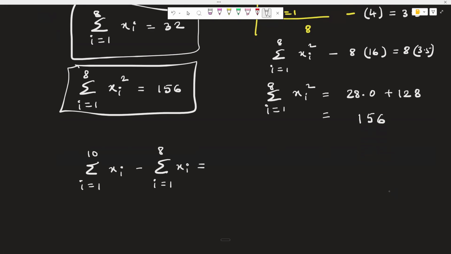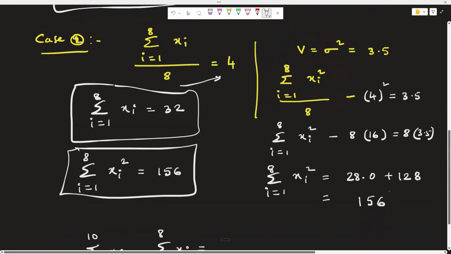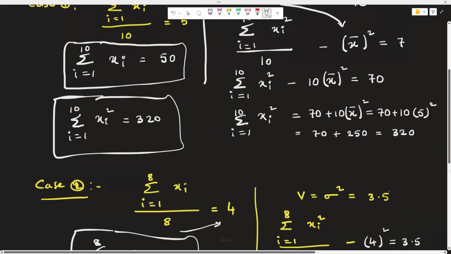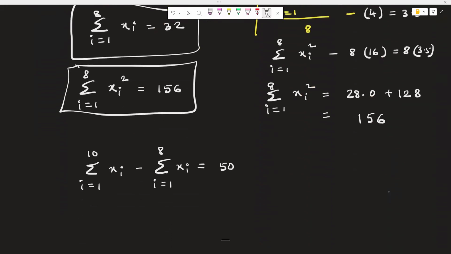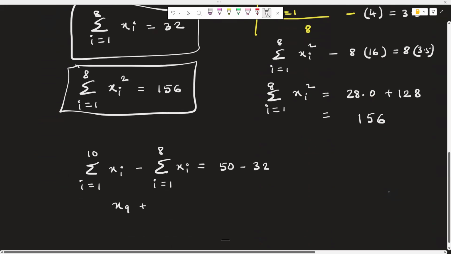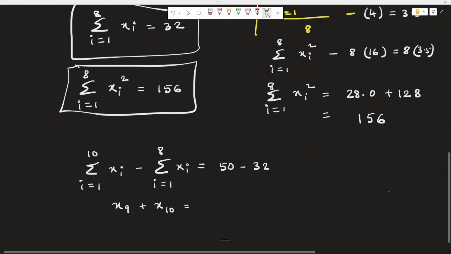The respective values are, for 10 values, it is 50, minus for 8 values, it is 32. So out of 10 values, 8 values are subtracted. Then what is left? The remaining 2 values, x9 and x10. 50 minus 32 is how much? It is 18.